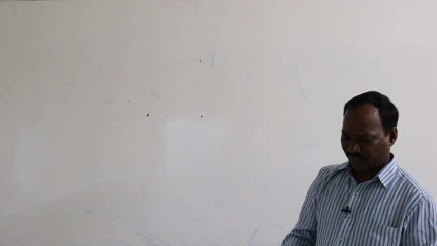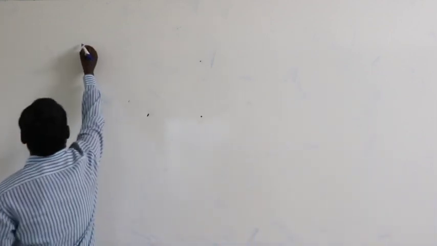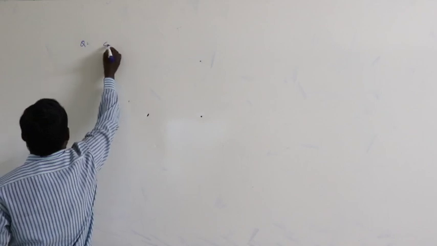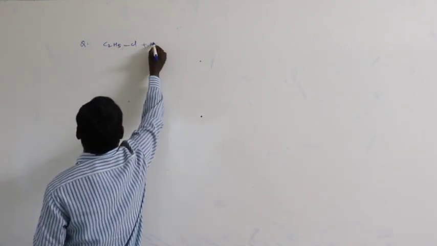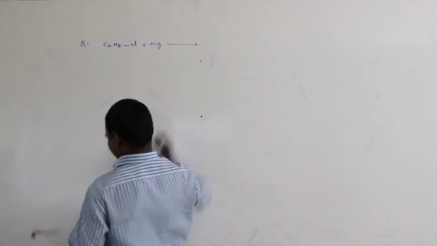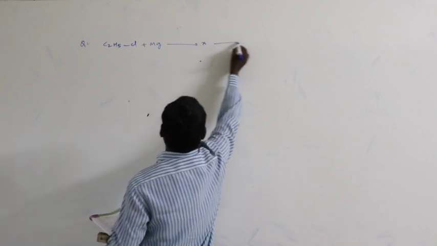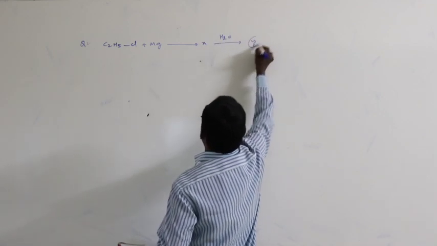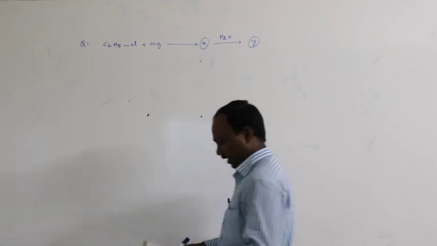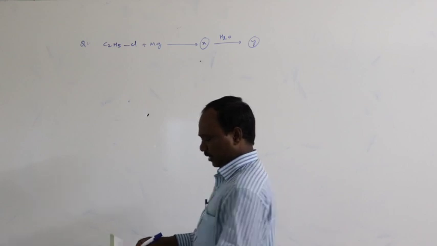Right, C2H5Cl plus magnesium gives X compound, which on further hydrolysis gives Y compound.